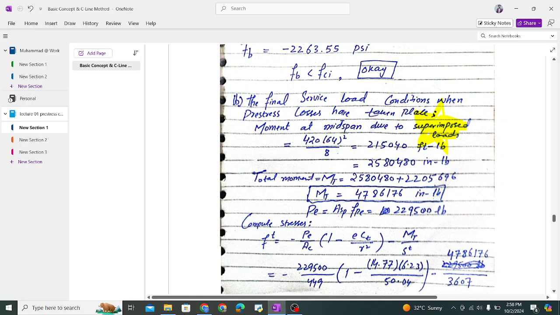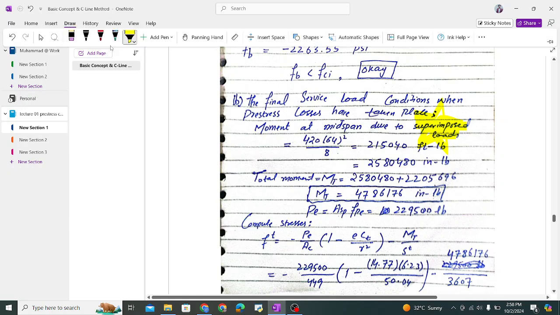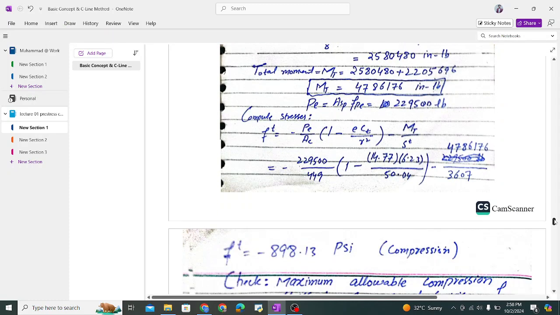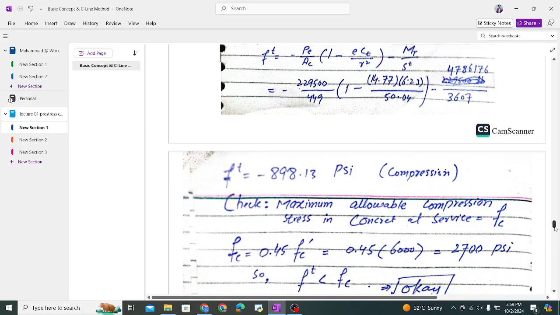Just put those loads in the required equations. Remember, in this case we will use PE instead of PI, as we are in service load conditions.